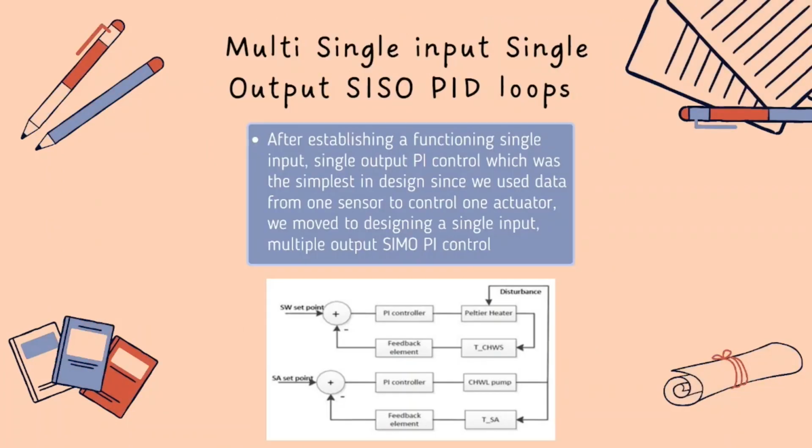For single input single output SISO PID loops, after establishing a functioning SISO PI control, which was the simplest in design since we use data from one sensor to control one actuator, we moved to designing a single input, multiple output SIMO PI control.